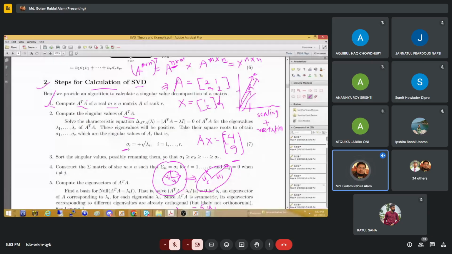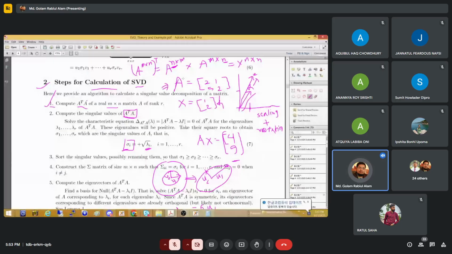So the singular value sigma i is the square root of eigenvalues. So now we have to find the eigenvalues of this A transpose A matrix, which is our X matrix.